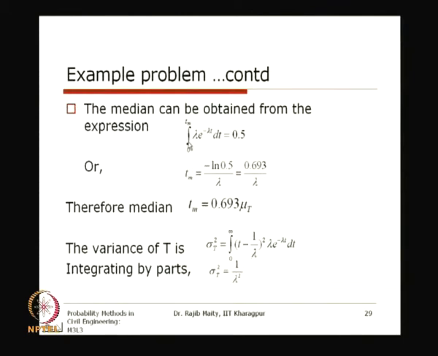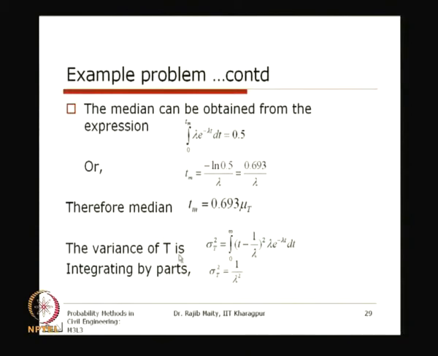Exactly the same thing is done: the integral from 0 to Tm, the median, should be equal to 0.5. If we do this integration, we get Tm equals 0.693 mu t, that is 0.693 by lambda.